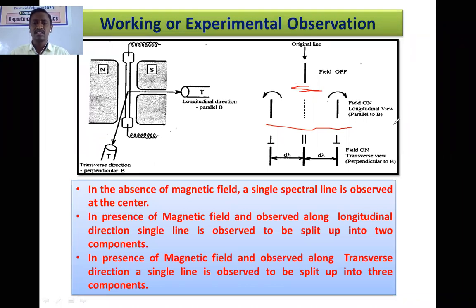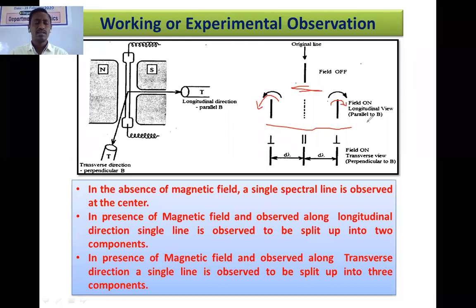The central or original line is absent in this case. Again, when the spectral lines are analyzed with the help of a Nicol prism, it is found that the two outer components are circularly polarized in opposite directions. That means both component lines are circularly polarized.